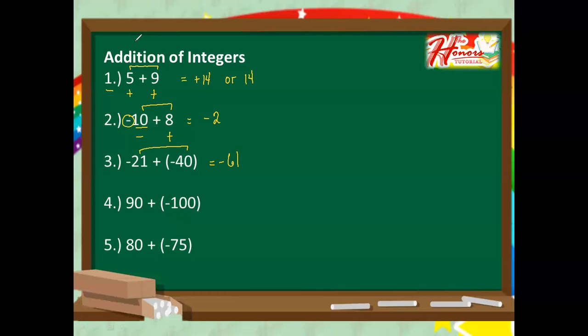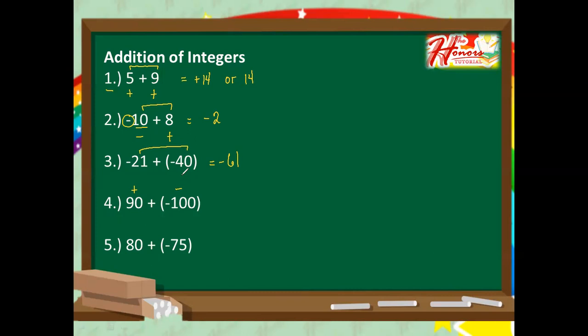Next, for number 4. For number 4, we have here 90 plus negative 100. As you can see, we have here a positive number and a negative number. We have here opposite signs.